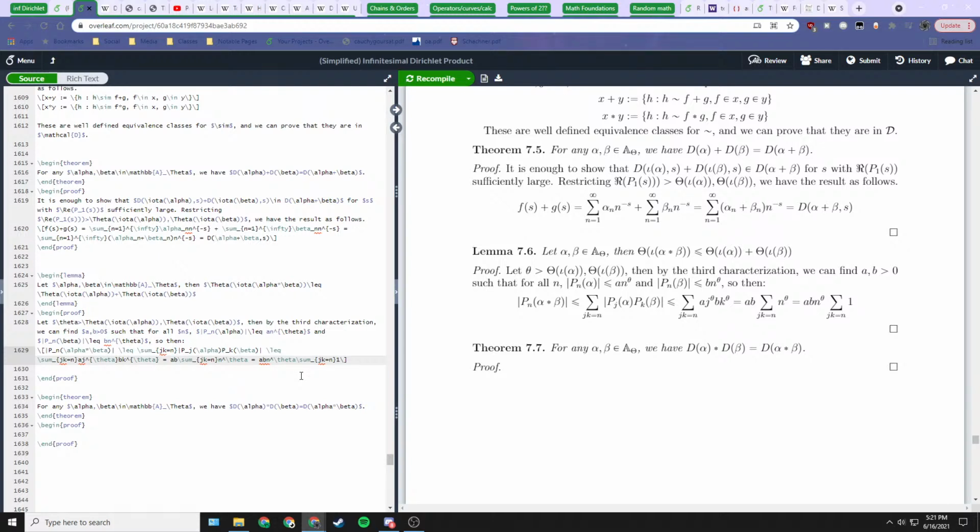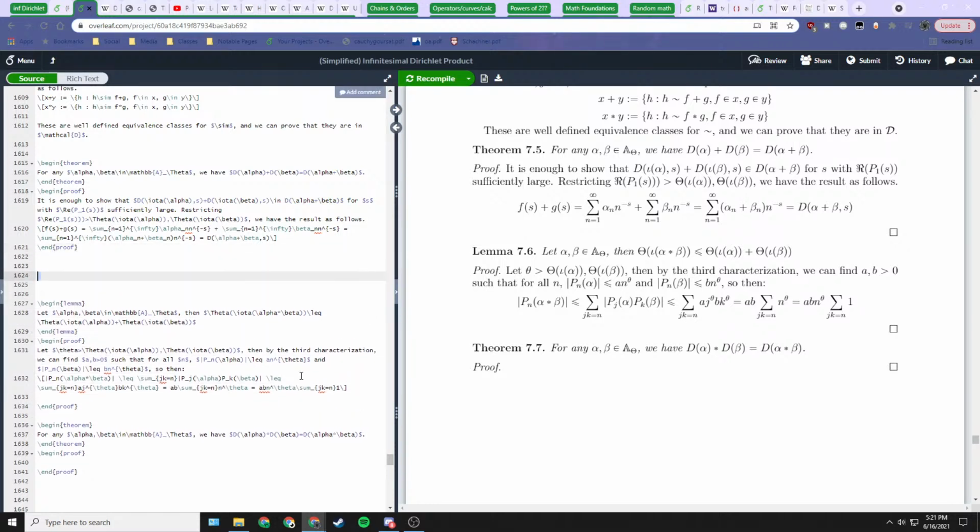So this is where we're going to have to just sort of assert a thing as being true, because we don't want to have to prove it.